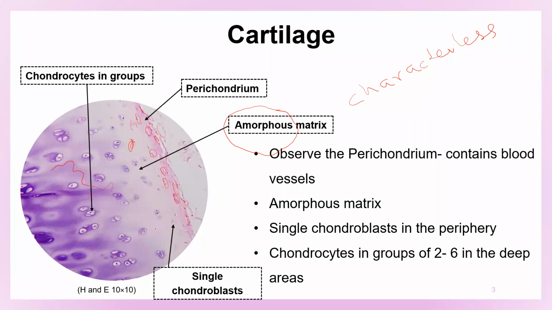Okay, and then as you move towards the center of the cartilage, you can see groups of chondrocytes. Inside you can see the nucleus of the chondrocyte. Those are the small nuclei, and the cytoplasm is seen in white color, right?